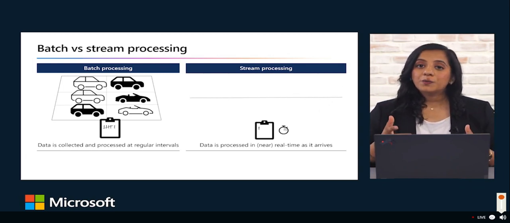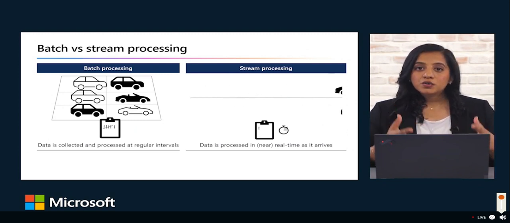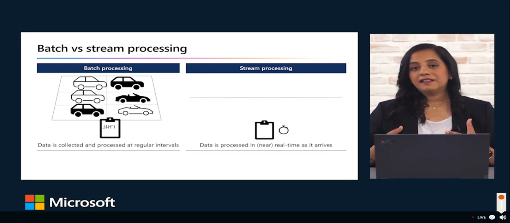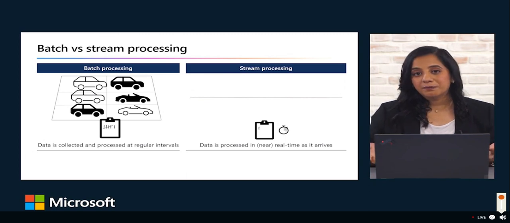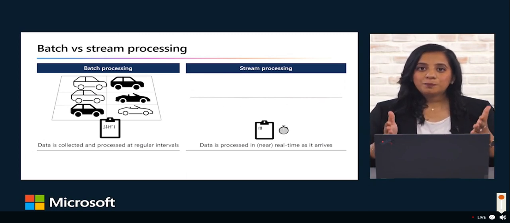Both of them also vary in their performance. The latency for batch processing is typically a few hours. Stream processing typically occurs very immediately, with latency in the order of seconds or sometimes milliseconds. And you typically use batch processing to perform complex analytics.